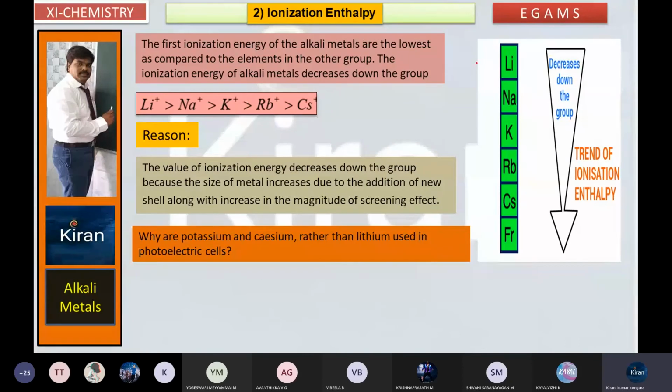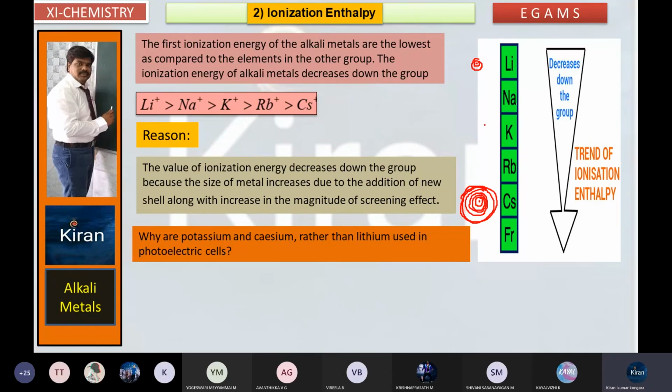Lithium atom's atomic size is very small, a very small atom. Coming to cesium, its atomic size is very big. It's a very big atom.